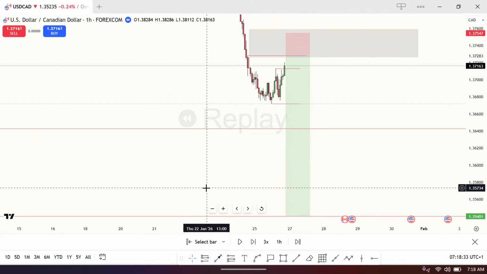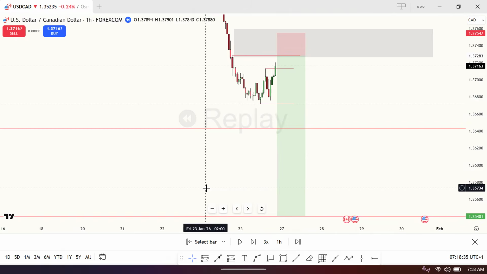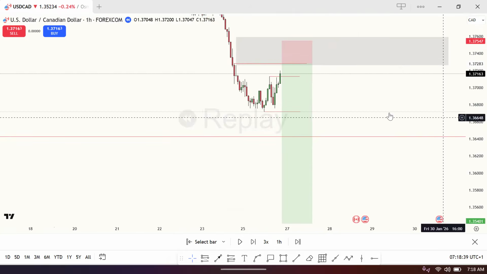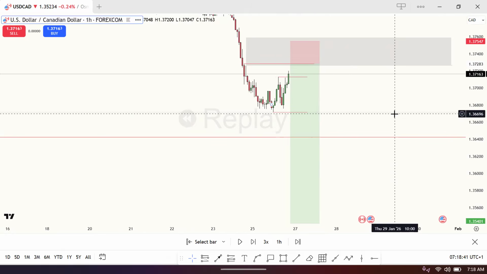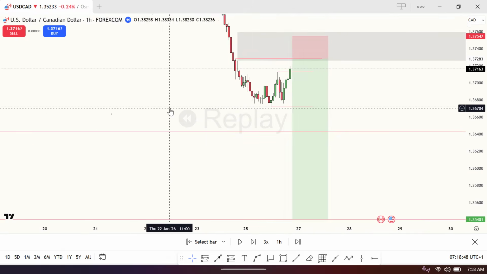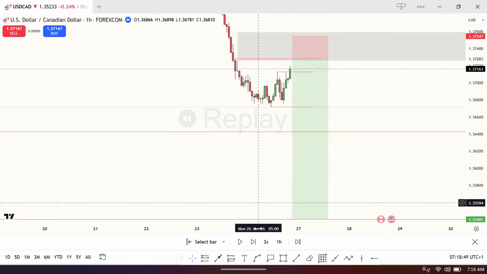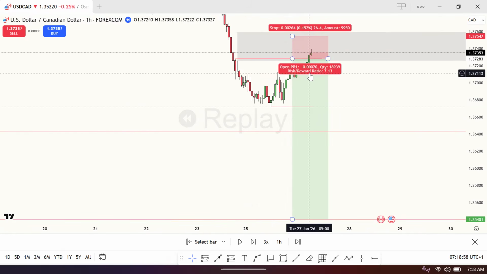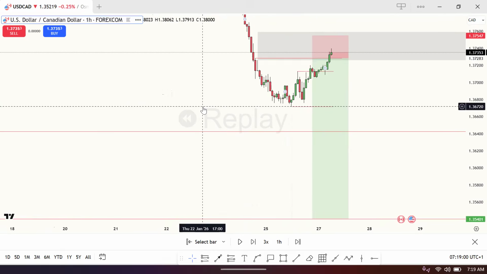So for me, this was a 7-hour trade. For the members of my private community, it was a 5-hour trade. So I had already entered this even before London session, because I think this triggered before London session. Okay, so it triggered here. Yeah, this was before London session.